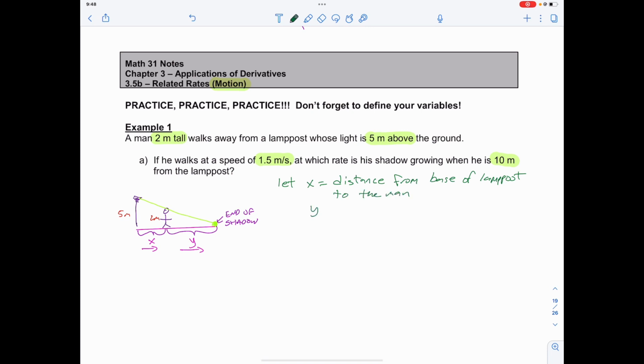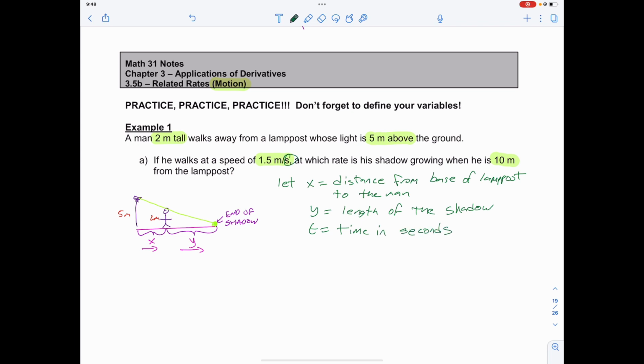Let y represent the length of the shadow, and let t represent time in seconds.